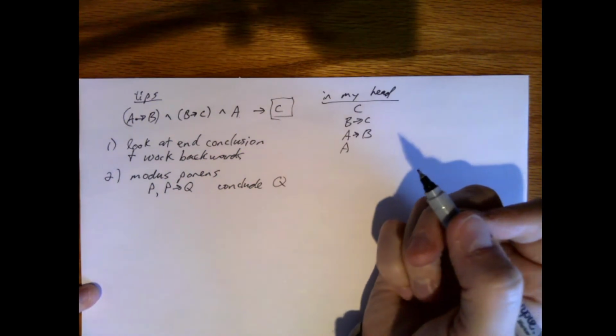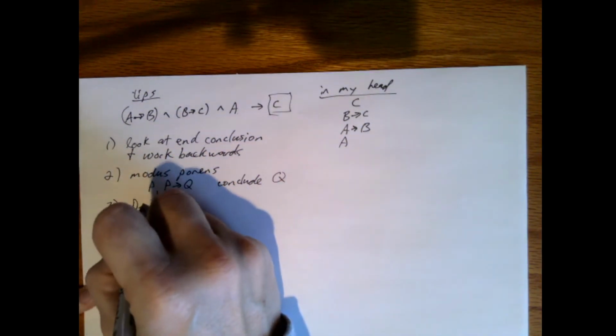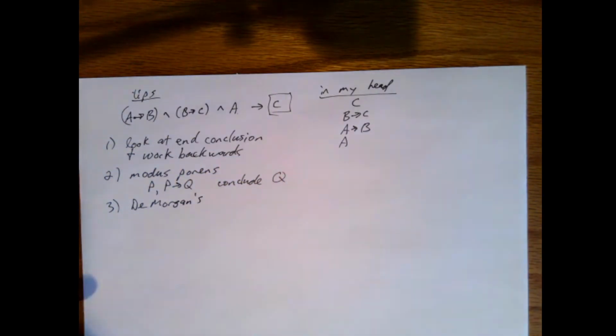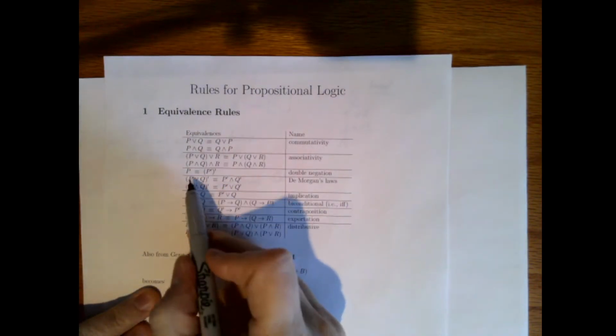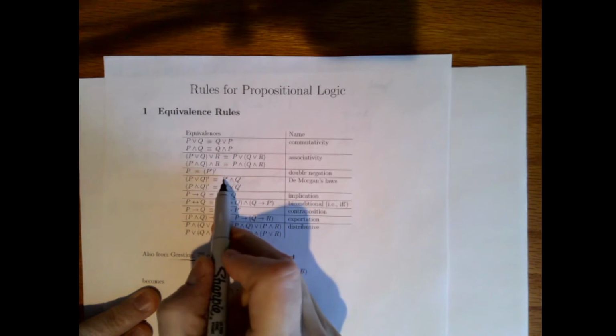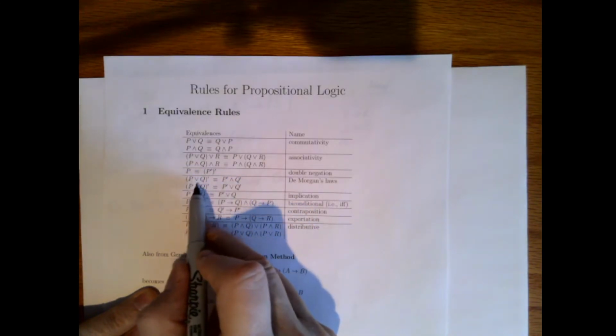Okay. Another thing is De Morgan's. There's a couple of those, right? If I negate P or Q, that's equivalent to not P and not Q. So notice I flipped my symbol here, or became and.